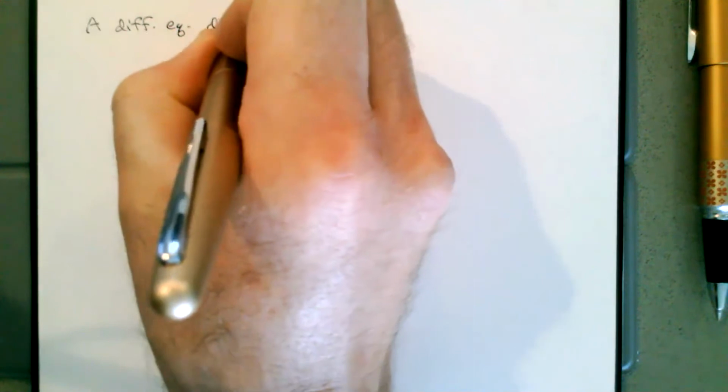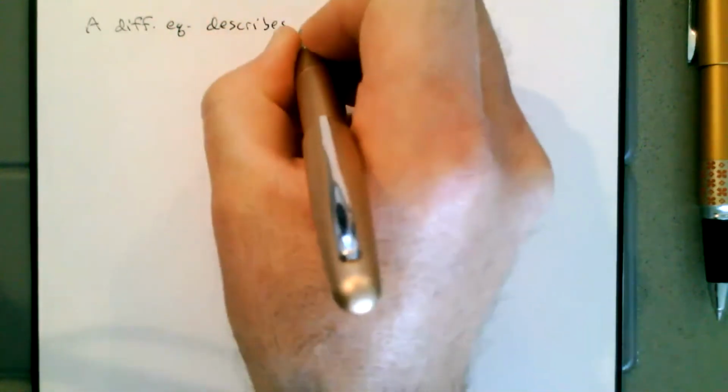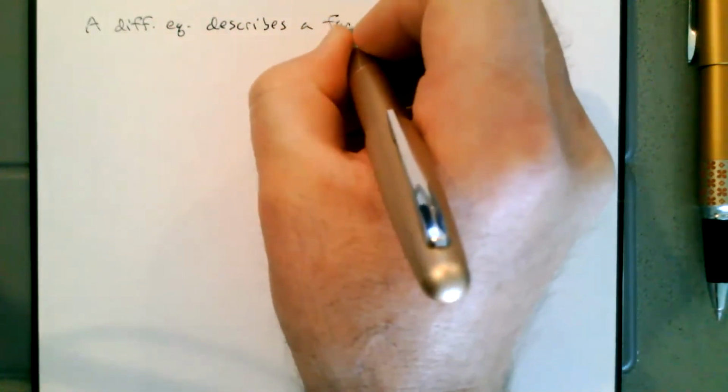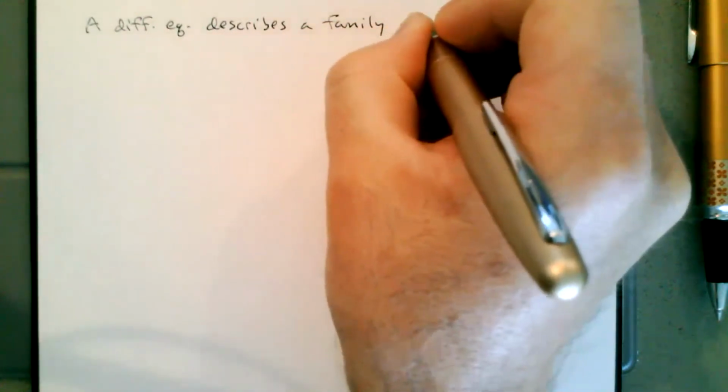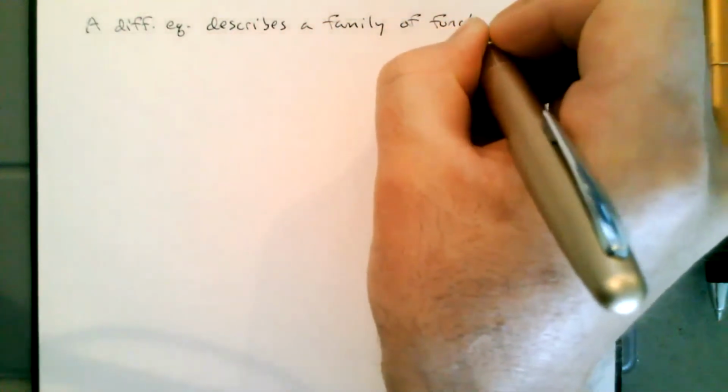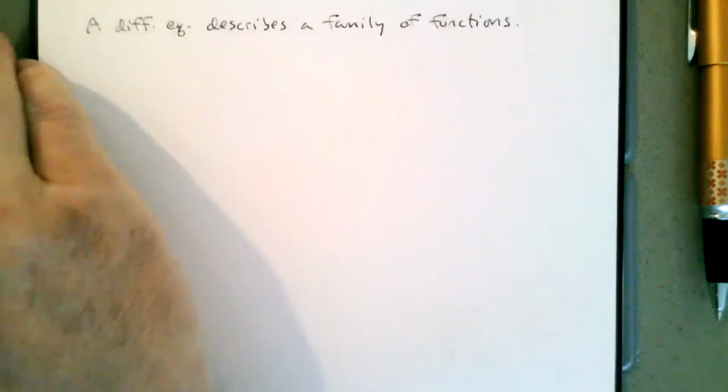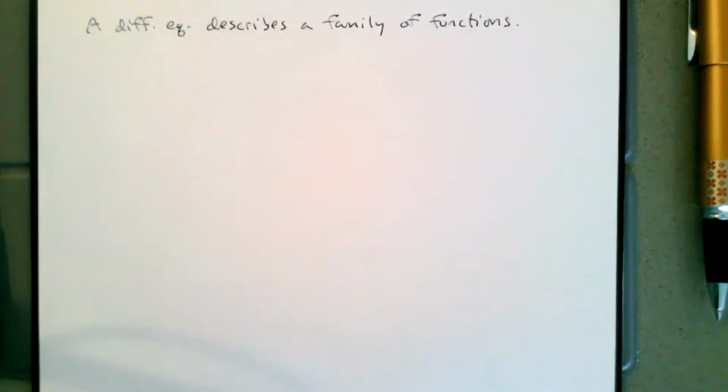This is getting at the nature of solutions to differential equations. A differential equation describes a family of functions. When I talk about a family of functions, all these functions are going to be related.